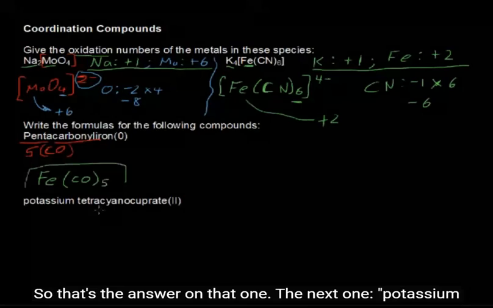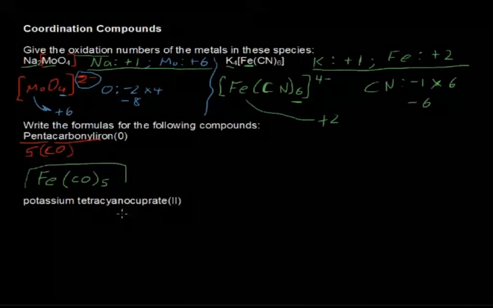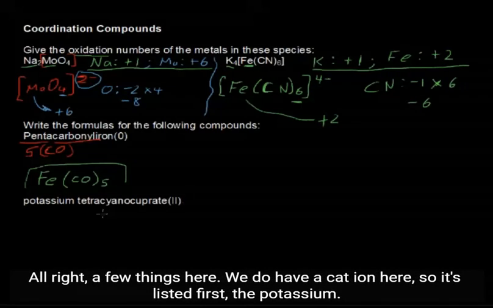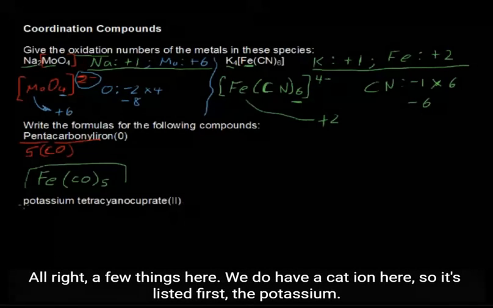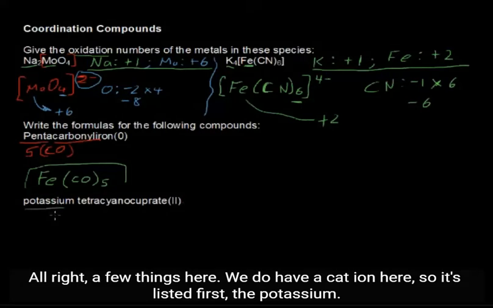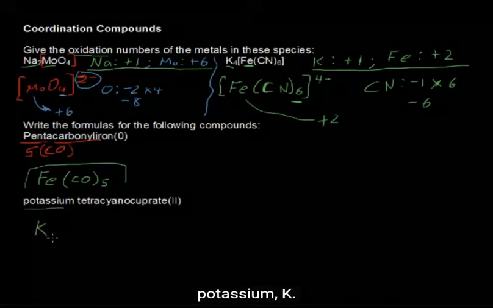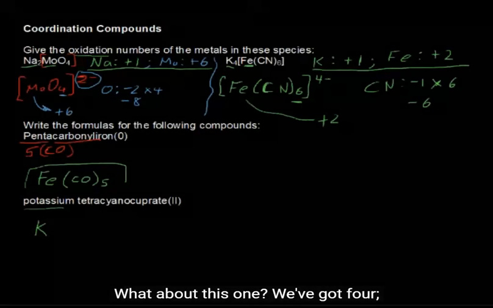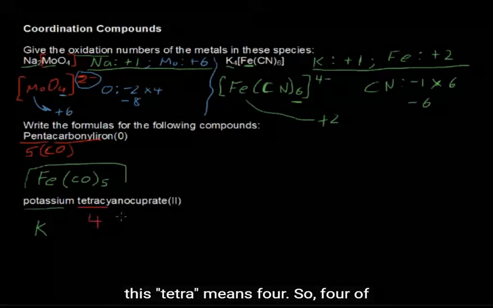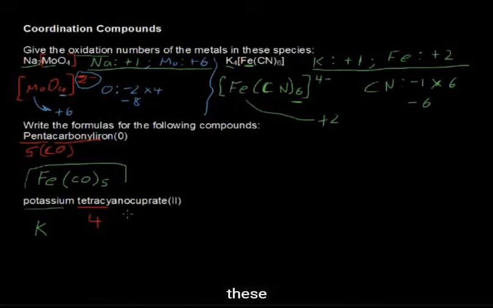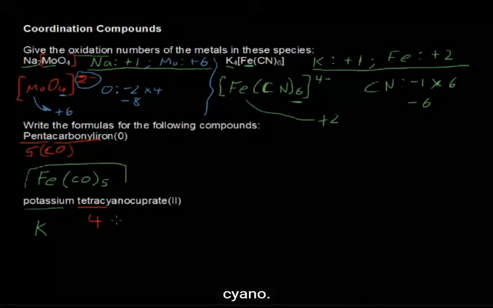The next one, potassium tetracyanocuprate(II). All right, a few things here. We do have a cation here, so it's listed first, the potassium. So we know that we're going to have a potassium, K. What about this one? We've got tetra, which means 4, so 4 of these cyano, right?